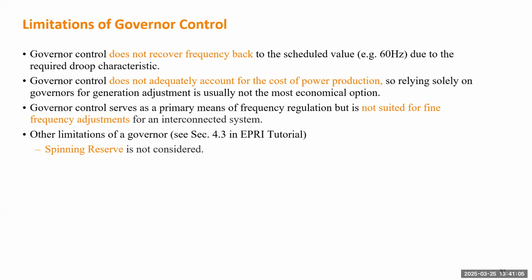So if one generator is generating 100 megawatts, but you can keep increasing the power before it reaches any security or stability limit, maybe the limit is 150 megawatts, then that 50 megawatts will be the spinning reserve. Because this unit is spinning, and there's also an amount of reserve, so you can generate more.